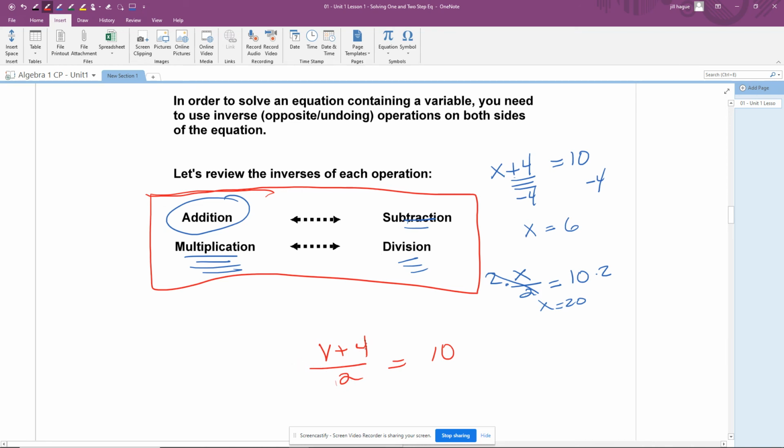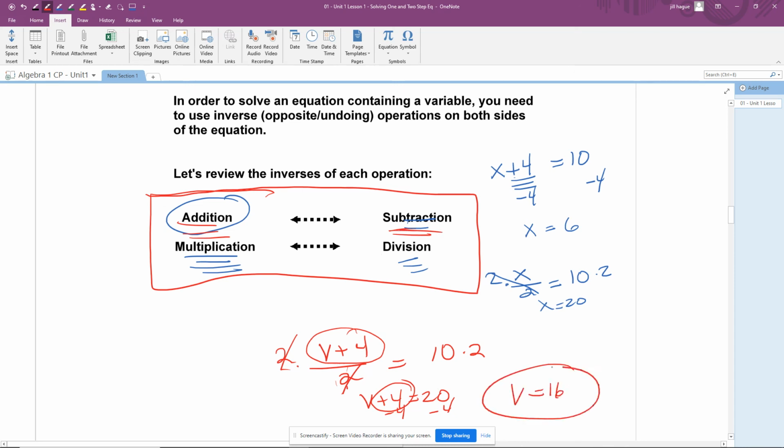Multiply both sides by 2, and they go away. And you're left with v plus 4 equals 20. Subtract 4 from both sides. Why am I subtracting? Because I have addition here, and how do I get rid of addition? Subtraction. And I get v equals 16.